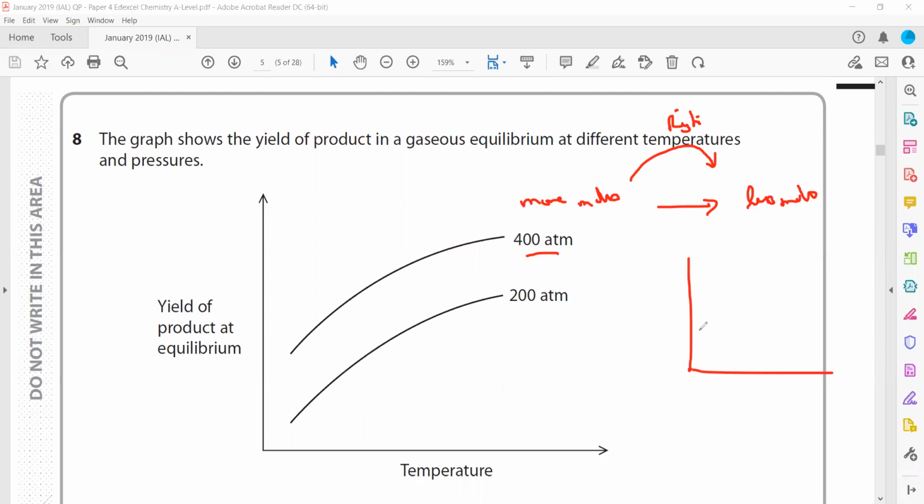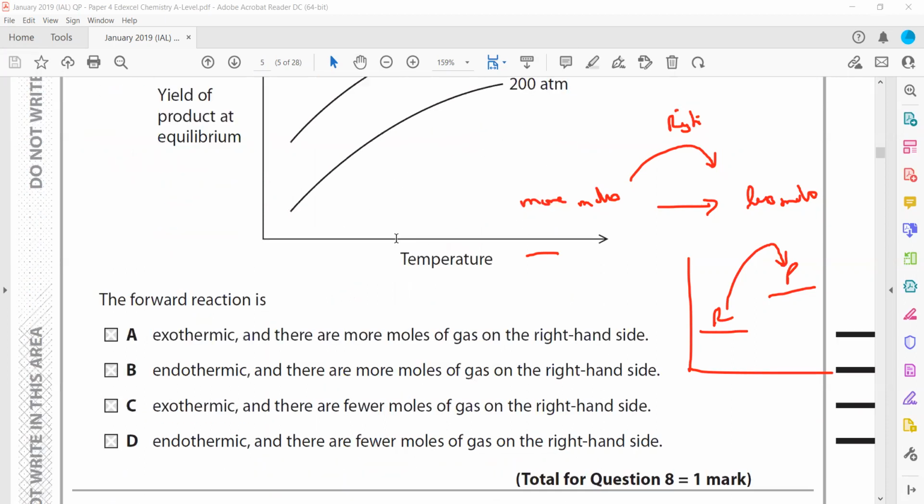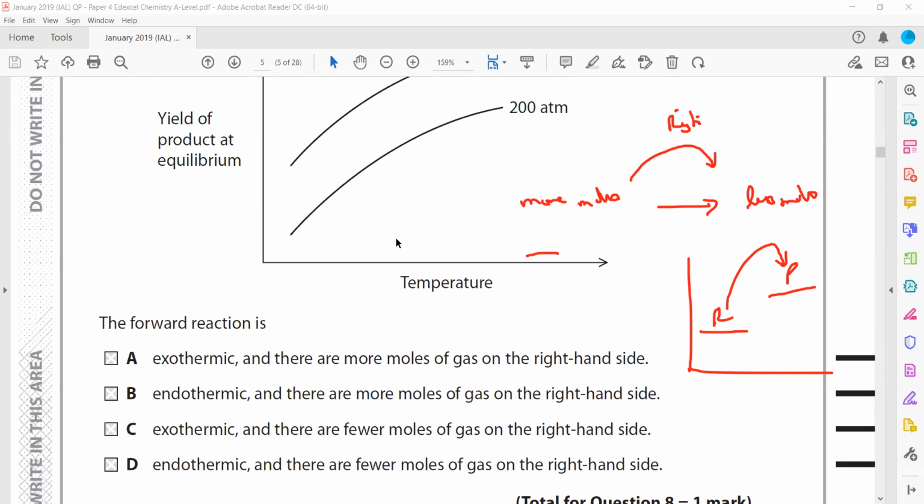So it means the reaction should be endothermic, in which the reactant has low energy and the product has high energy, because in both cases, increasing the pressure or increasing the temperature, the yield increases. So the equilibrium has shifted towards the right. For pressure to shift the equilibrium towards the right, there should be fewer moles on the right-hand side.